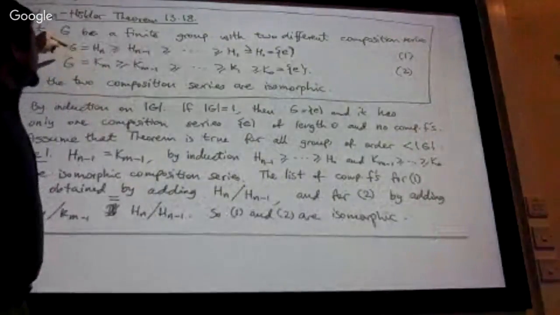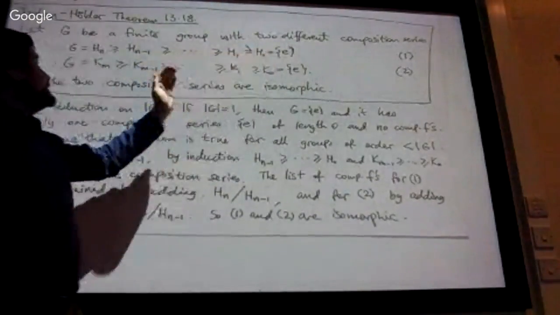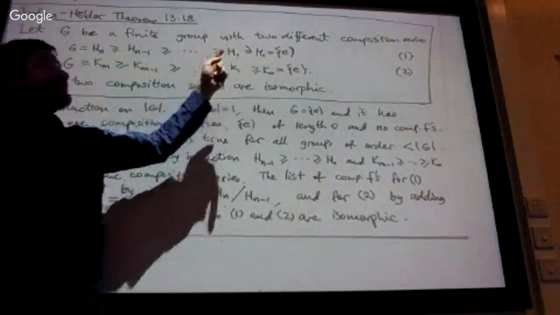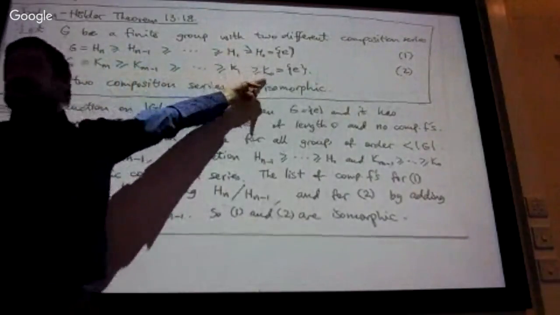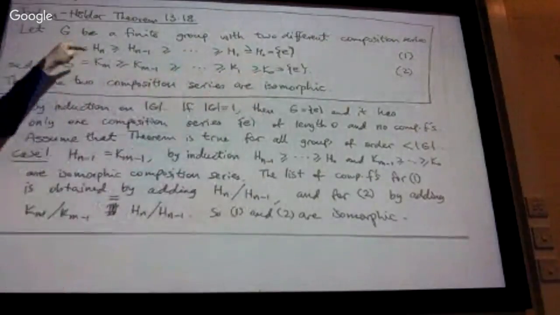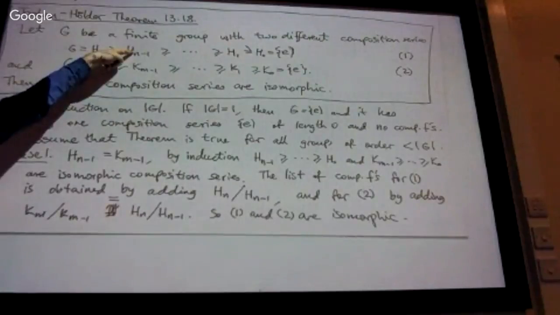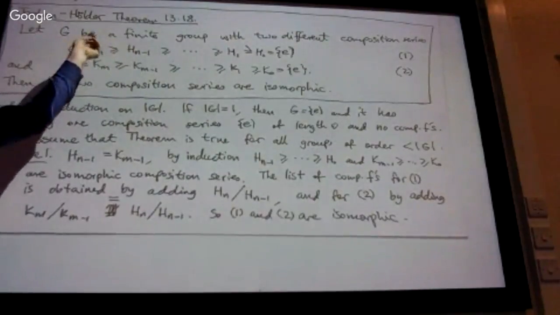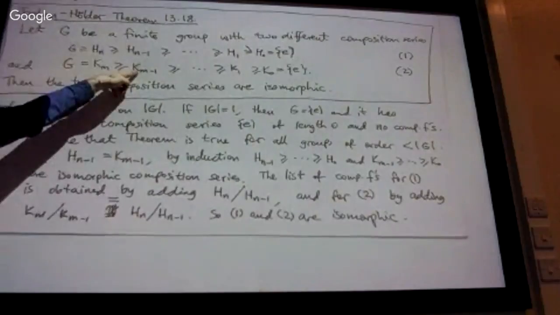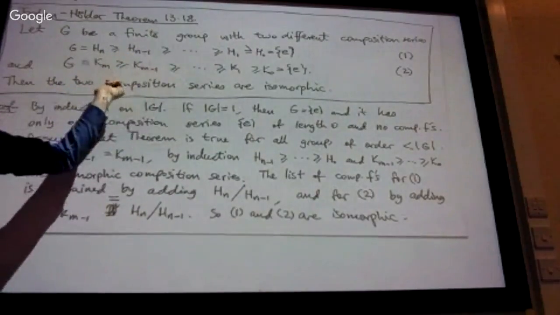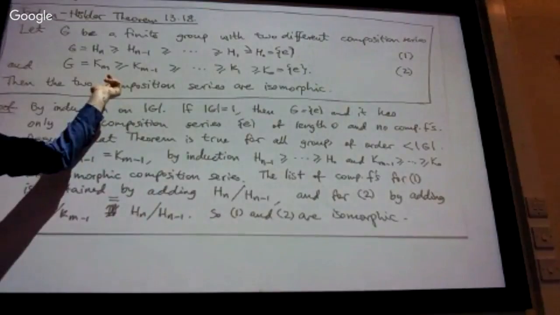So when you want all these factors, you get the ones that appear in this bit and the ones that appear in this bit, they're exactly the same. Then you just have to add that slash that. You get a list for this series, and you add this slash that to the second series, so you get the second composition factors.